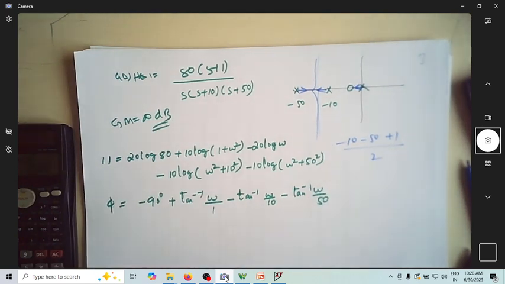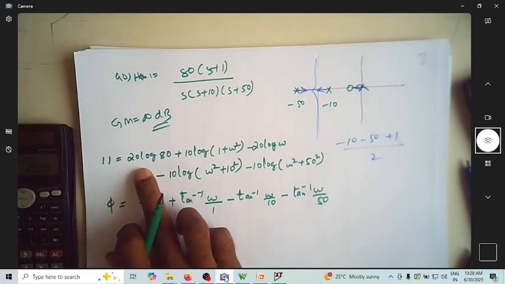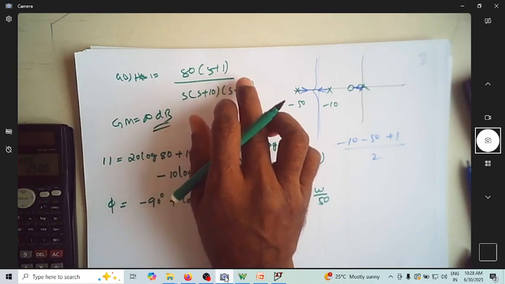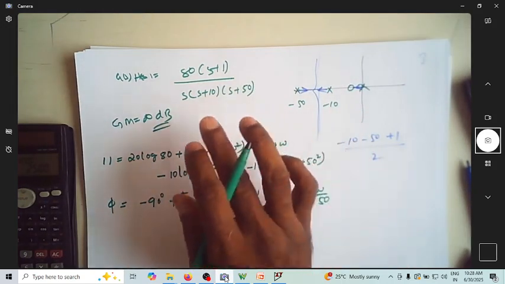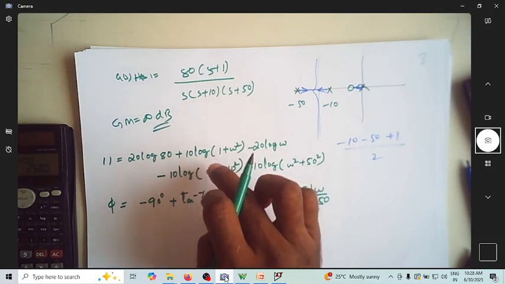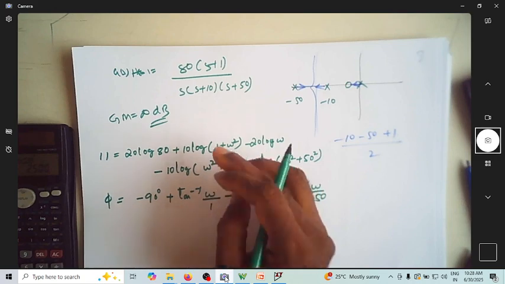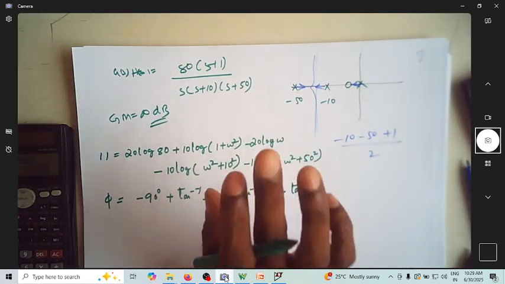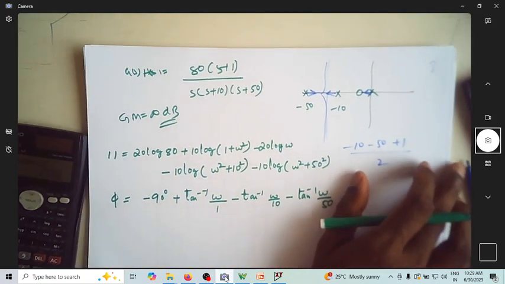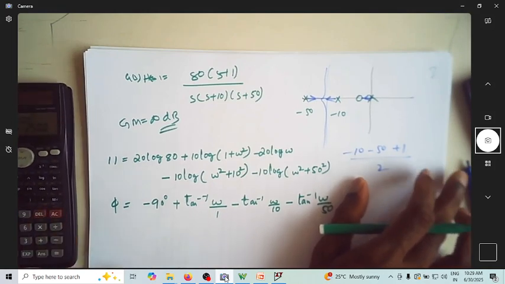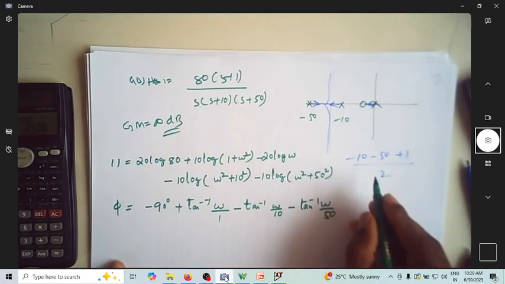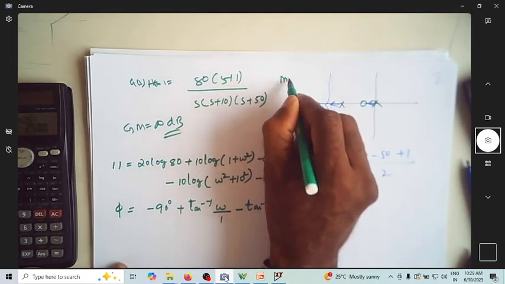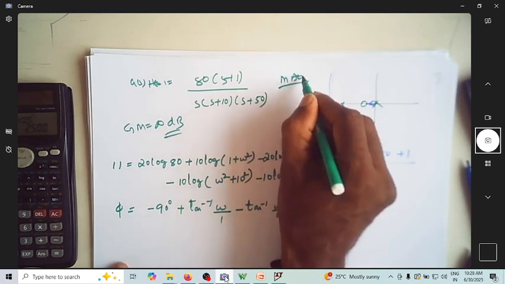So you may be wondering why I'm writing a magnitude equation without bringing this into the time constant form. It is not necessary to bring this into time constant form to write the equation, but to plot the graph you have to be careful. To plot the graph, I have to take a quantity called MAO, magnitude at the origin.